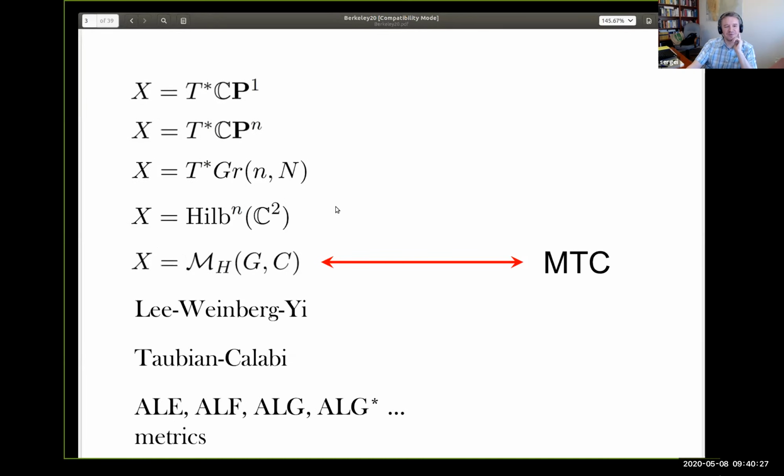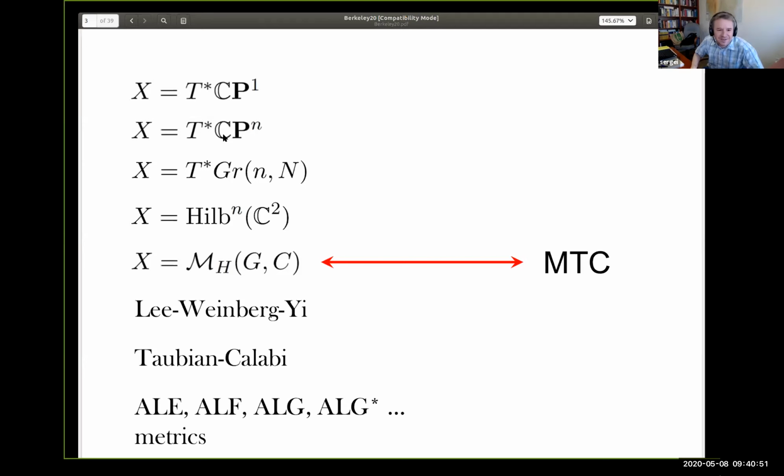So the simplest example, if I want to consider non-compact ones beyond just flat quaternionic spaces, in low dimension would be, for example, T star of CP1. So this obviously belongs to a larger family, T star of CPN. So that's a nice hyperkähler manifold. A complete Calabi metric on it was found by Calabi.